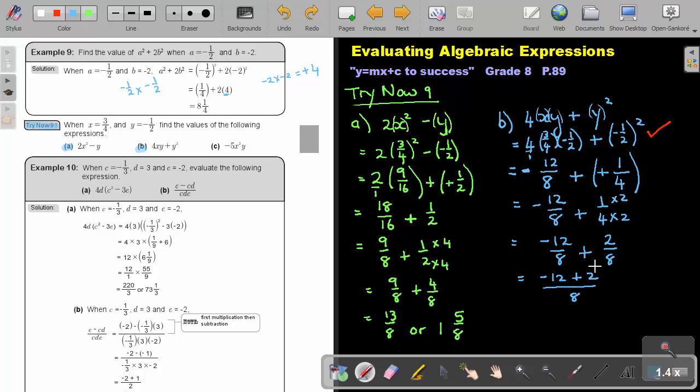Can you see that the signs are different? Yes. What do I do if the signs are different? I subtract. I find the difference. The difference will be 10. And now I look, did I move more positive or more negative? More negative, and that's why the sign will be negative. And then my final answer here will be simplified, divide 2. So it's negative 5 over 4, or negative, make it a mixed number, 1 1/4.